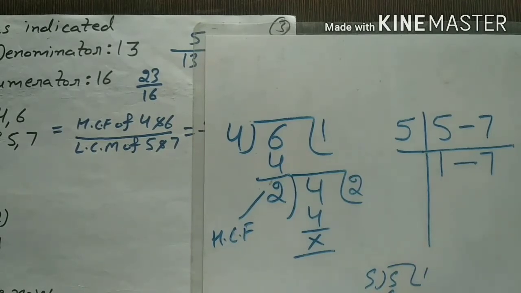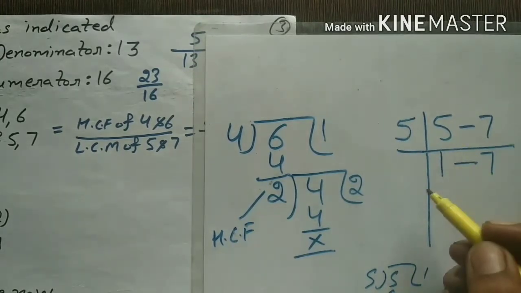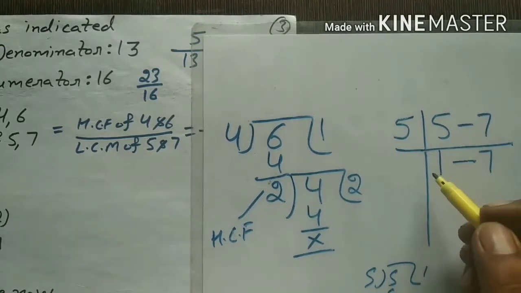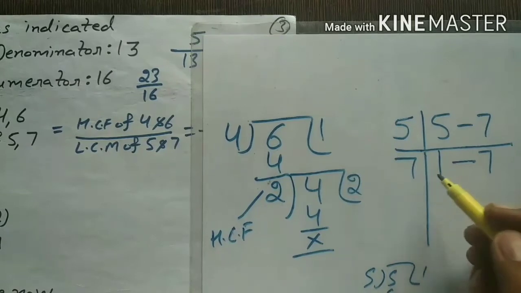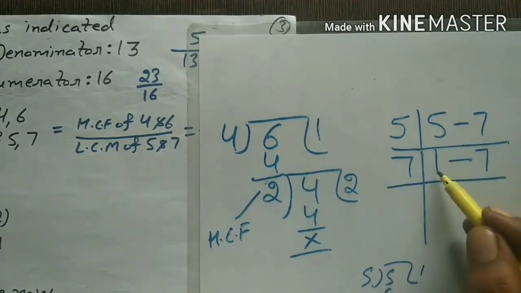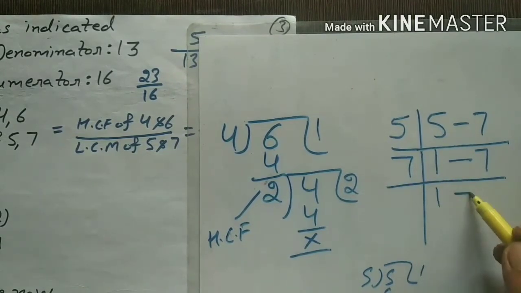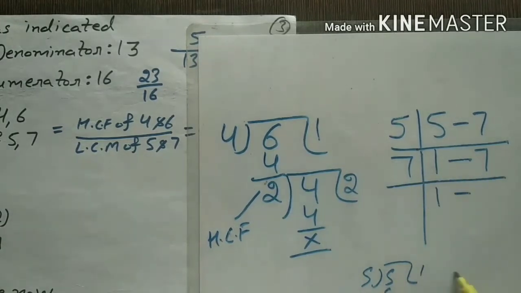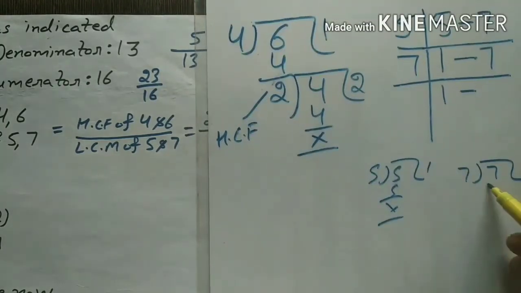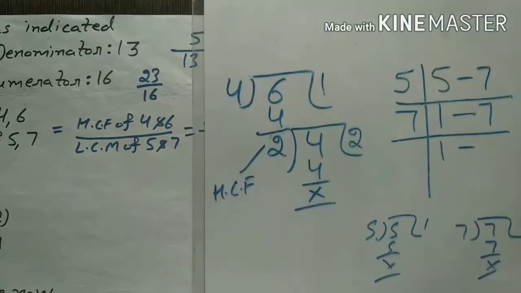Now 7 is divisible only by 7. Therefore we will leave 5 and go for the next prime number, that is 7. Now I write 7 here, and I will write 1 below 1 in the next row. Now 7 divided by 7, the answer is 1.